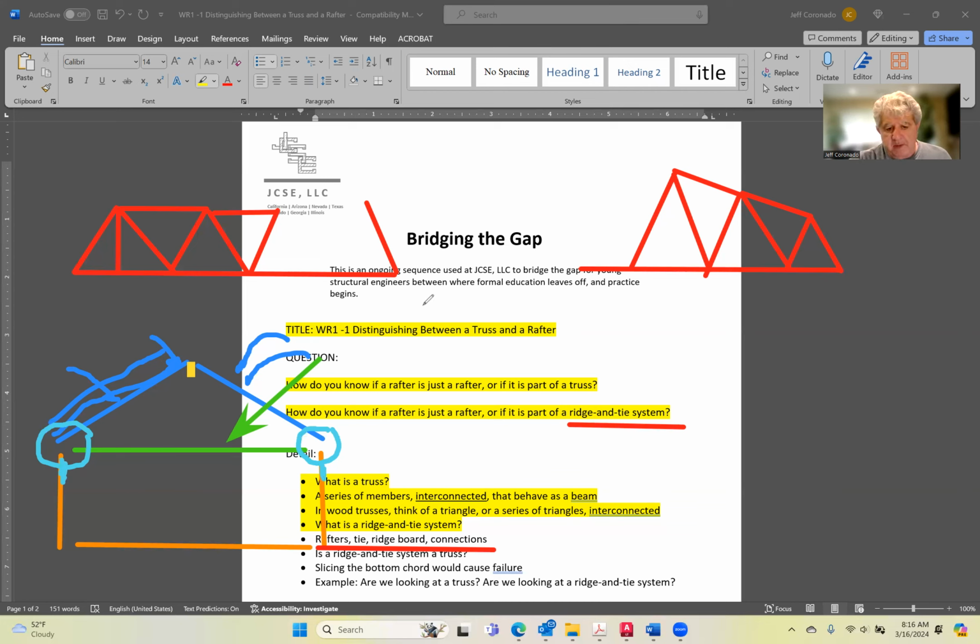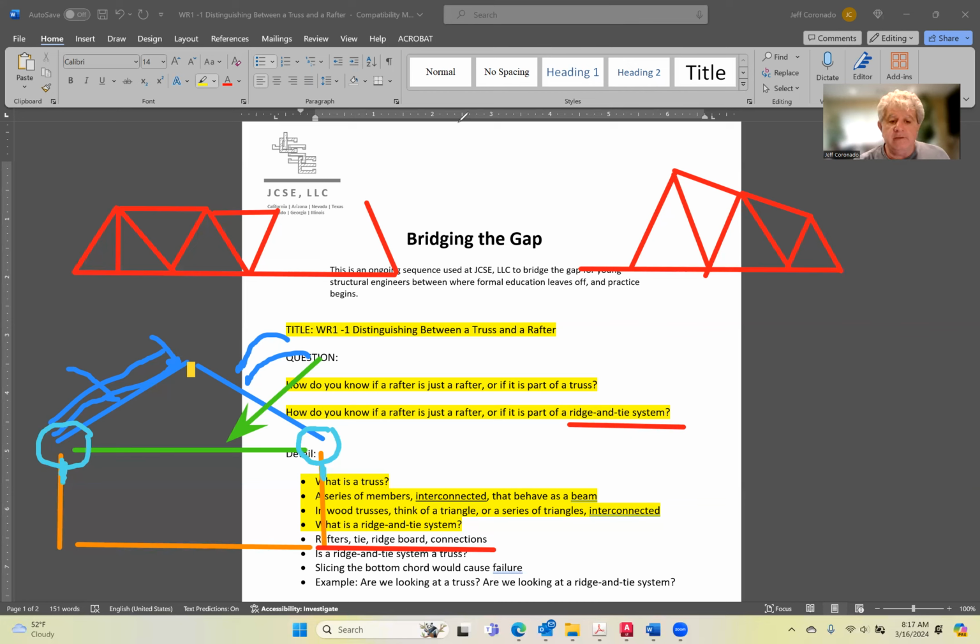But the connection, let me get into this right now. So here is an important aspect of a truss. Have we covered that? Well, we can cover it right now: is a ridge and tie system a truss?